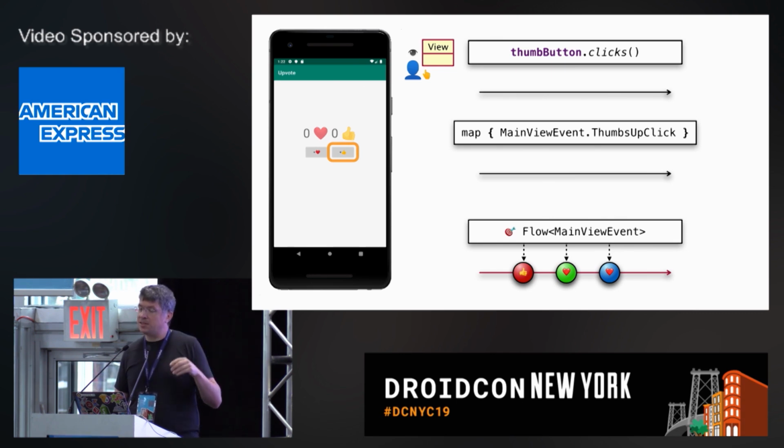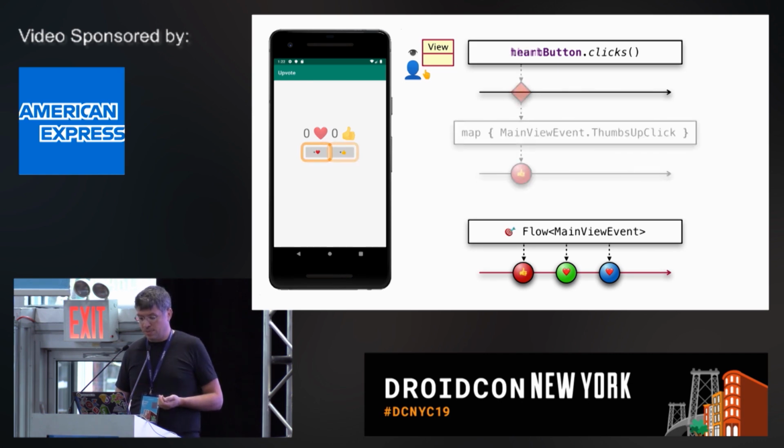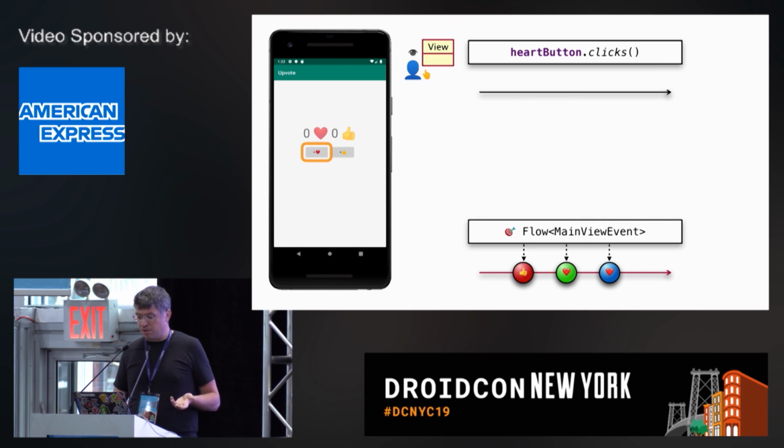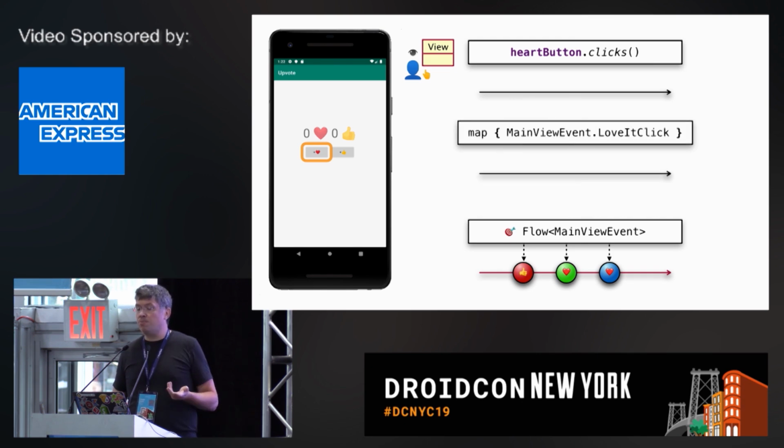I don't do anything about the unit, I just turn it into a thumbs up click right there and then. By doing this, we turn that unit into a proper view event. It's a similar process for the other button. We have to map it to the proper signal, the proper love it click view event. By doing this, we get a second piece of our puzzle. Things are looking good so far.